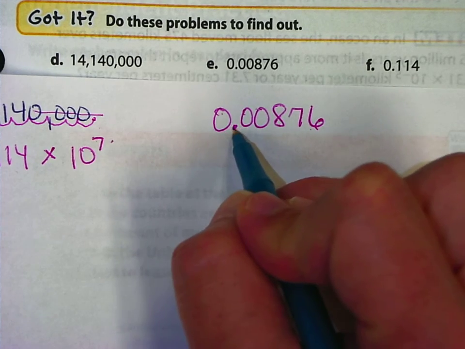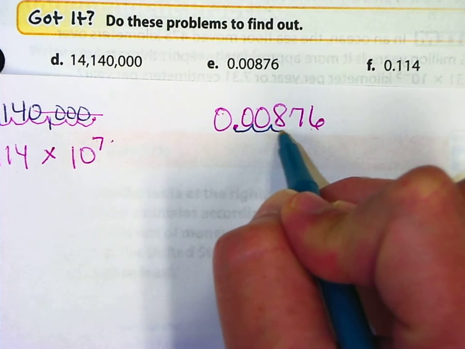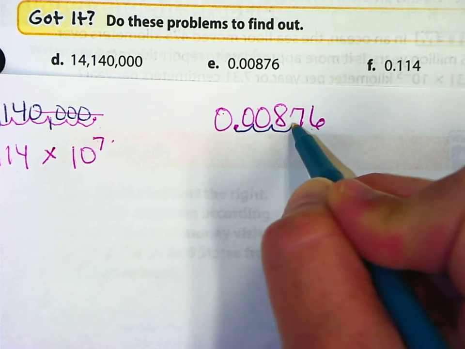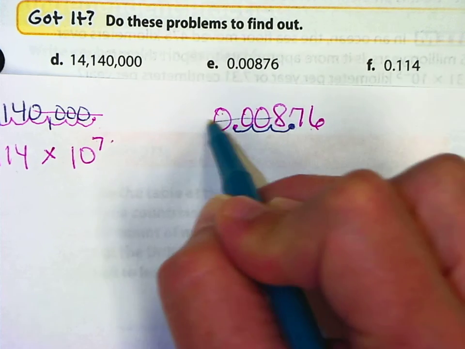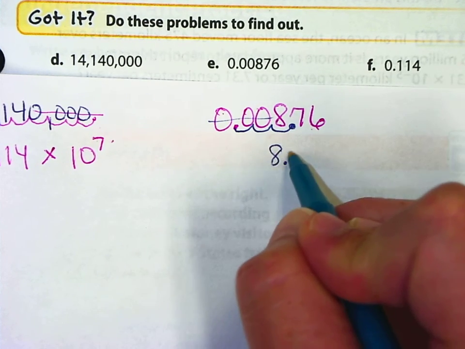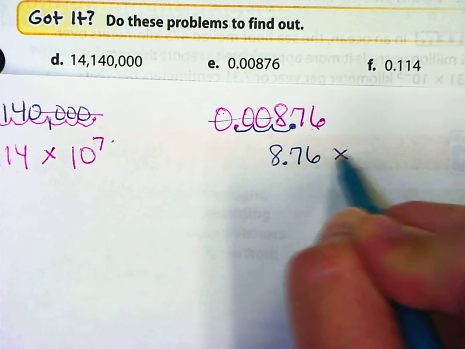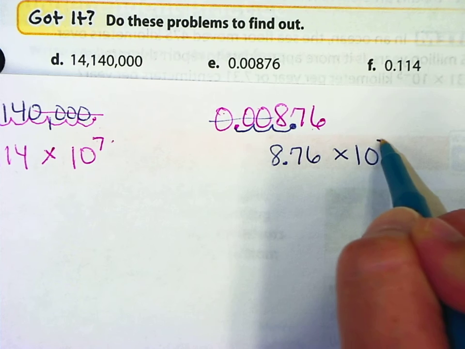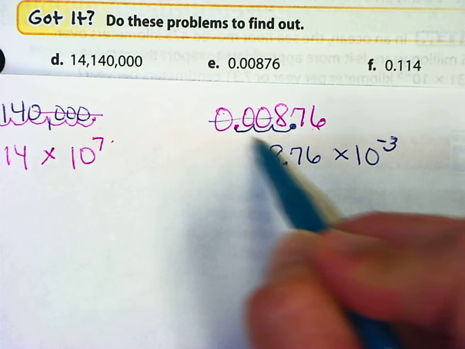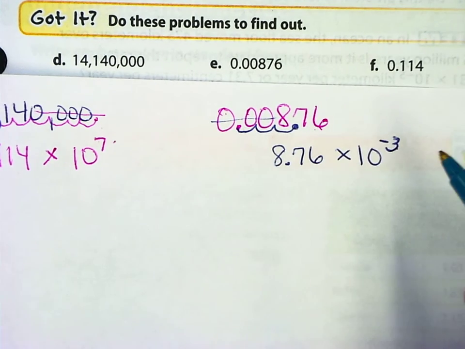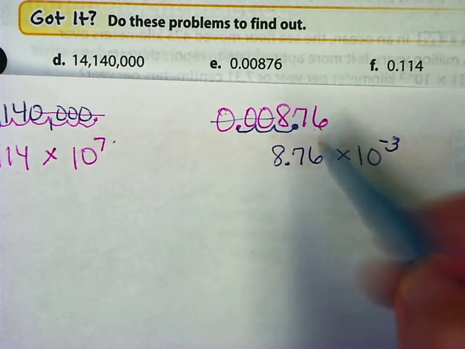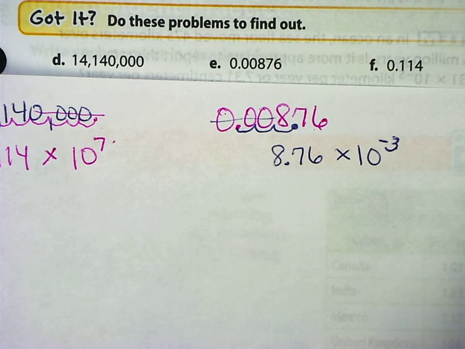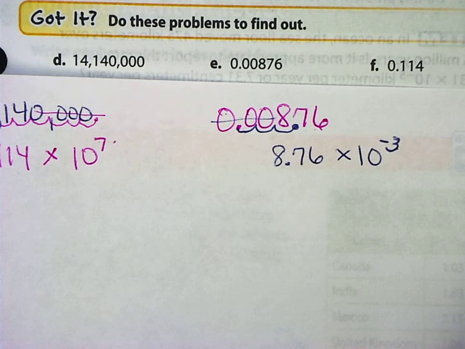So if I move it 1, 2, 3, 3 times, and I stop it right there, and I drop the zeros, now my new number is 8.76 times 10 to the negative 3. I moved it 3 times, so my exponent is 3, and it needs to be negative because I started off with a number less than 1, between 0 and 1.